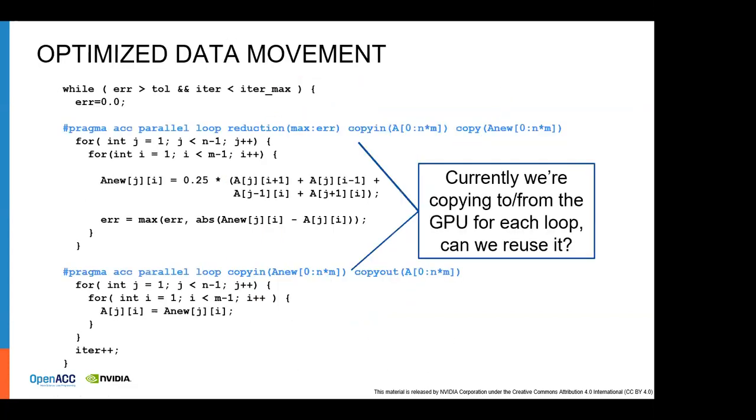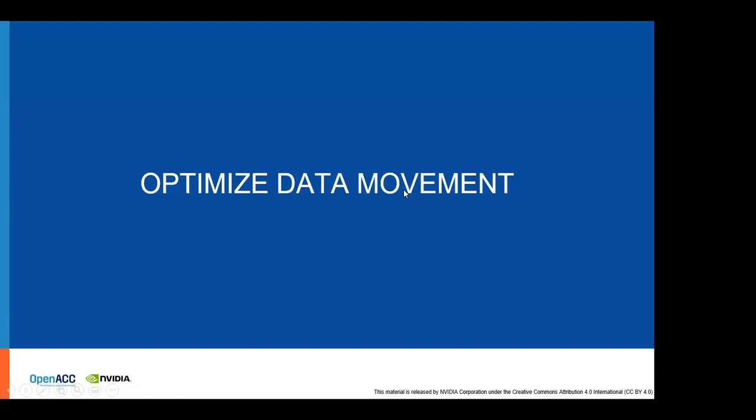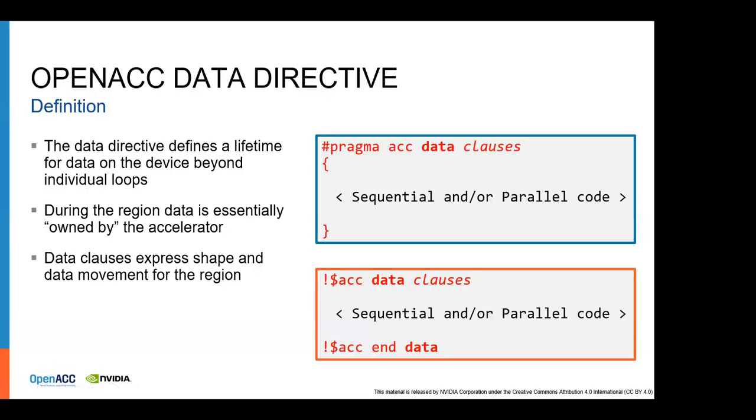Why? We are copying data because we are in this iteration loop. So for each iteration, what we are telling the compiler is to copy data on both loop nests. And one question, of course, is, can we reuse the data? Are we obliged to copy data for each iteration? And of course, the answer is no. So how could we manage data?